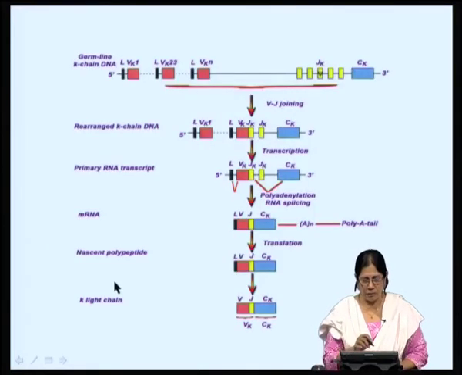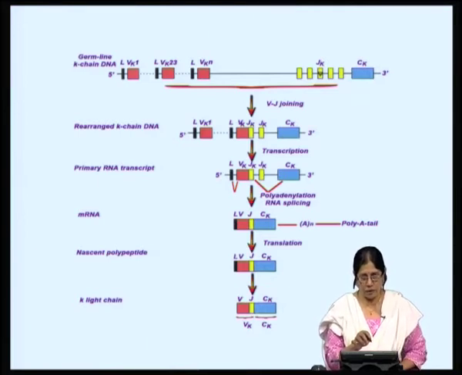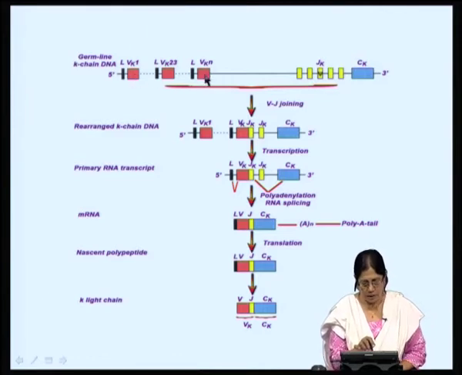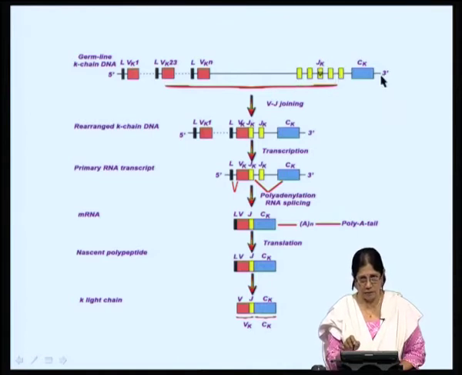Just to recapitulate your memory, the hypervariable region responsible for antigen binding on the heavy and light chains constitutes any one of the several V gene segments which come in close proximity, in fact join with any one of the J gene segments in case of the light chain gene.